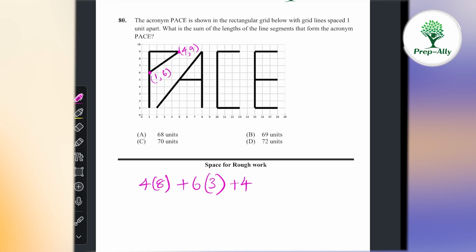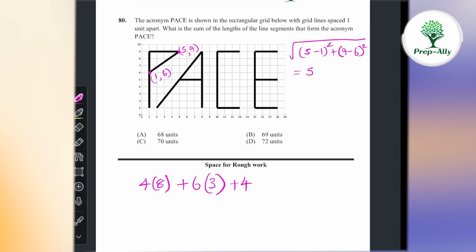So we have 4 minus 1 the whole square plus, this is not 4, 9, this is 5, 9. So we have the distance equals square root of 5 minus 1 the whole square plus 9 minus 6 the whole square, which equals 5.